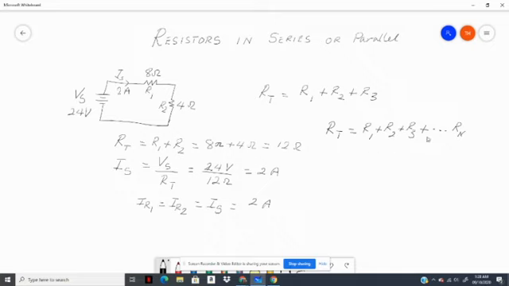The total resistance will be the sum of all the resistors. Okay, so that's resistors in series. And in the next video, we will look at resistors in parallel. So just again, the total resistance of a series circuit is the sum of all the resistors. Okay.